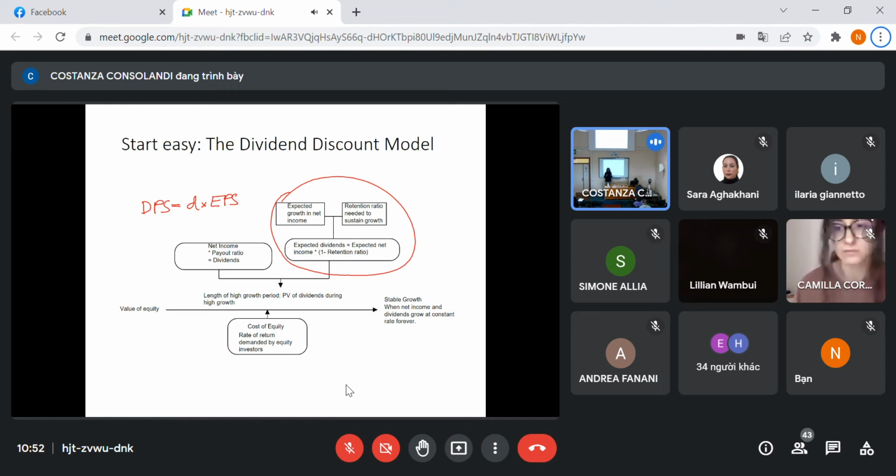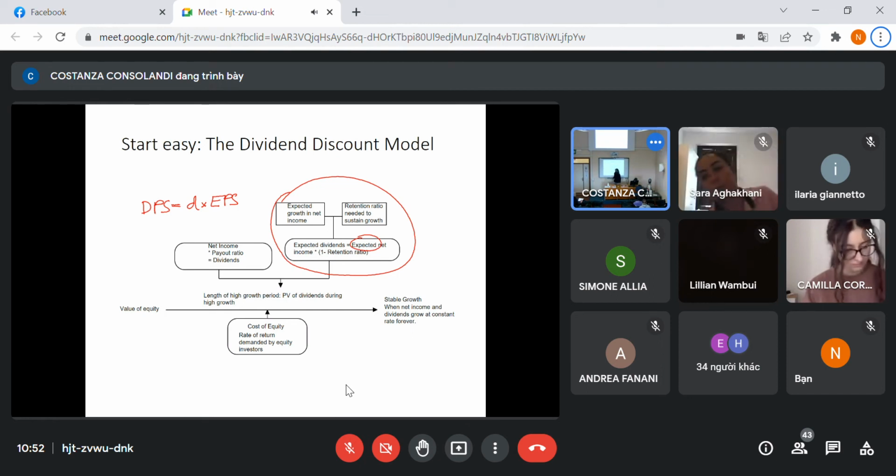The current dividend, which is the current dividend in 2021 of TripAdvisor, is X per share. Which is the expected dividends? The expected dividends will be the expected net income, so we need to consider the growth rate in net income, times 1 minus retention ratio, or times D.